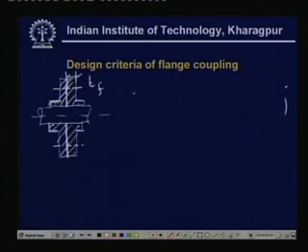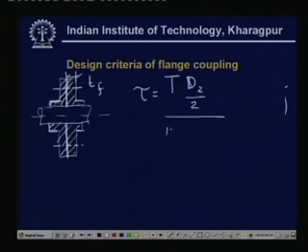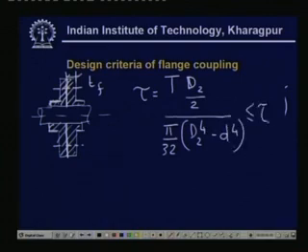Here you see, if you consider this hub to be a hollow cylinder, then the shear stress will be equal to the torque transmitted times the maximum radius, d2 by 2, divided by pi by 32 times the outside diameter to the power 4 minus d to the power 4, that is d2^4 minus d^4, and this must be less than or equal to tau allowable. So this is how we may design the D2.